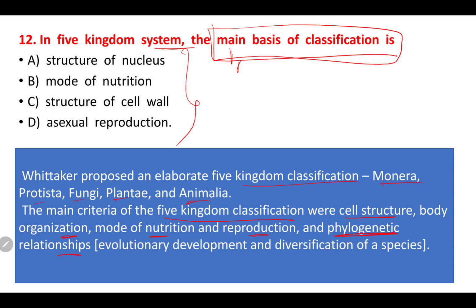In this, they have asked the main, and the main is the mode of nutrition. So option B. It is the main basis for classification in the Whittaker system.